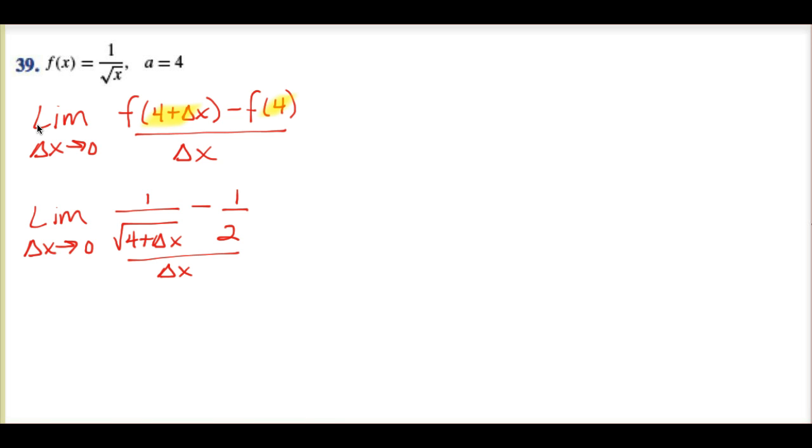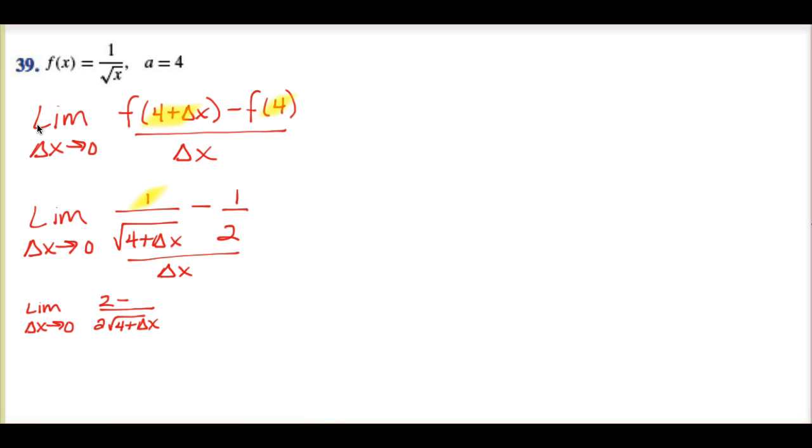Alright, so on the numerator there I'm going to get a common denominator. And the common denominator will be 2 times the square root of 4 plus delta x. So I am going to have to times this numerator by 2.